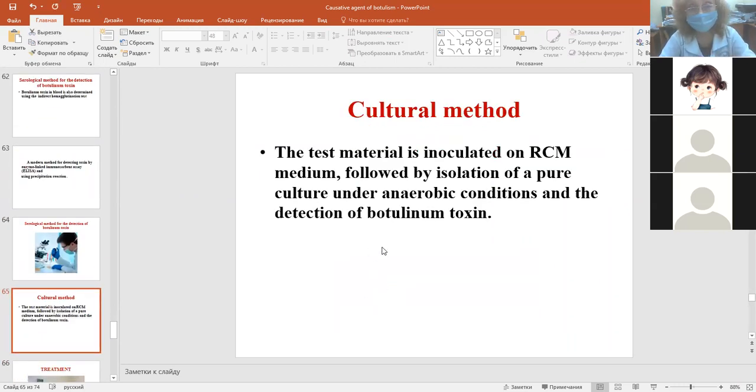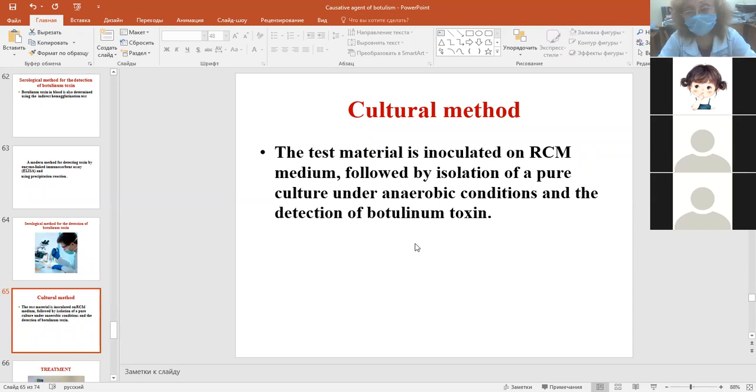The cultural method is not important, but it is possible to isolate these bacteria on RCM medium. And after cultivation on RCM broth, bacteria should be re-inoculated on blood sugar agar. And you should remember methods of cultivation of strict anaerobic bacteria.